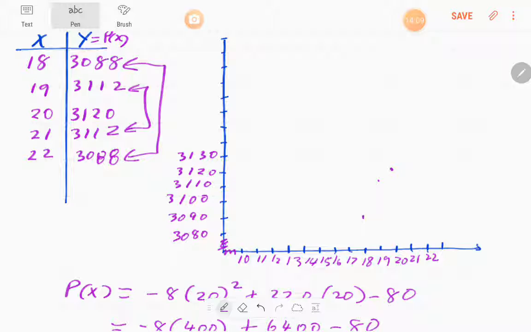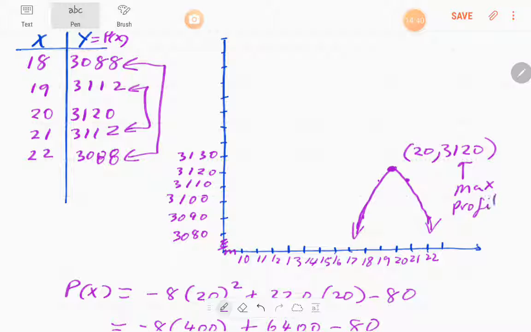Then 21 would be roughly there, and 22 would be roughly there. So you see we have here our vertex, right? At 20, 3120. So here, this is our maximum profit.